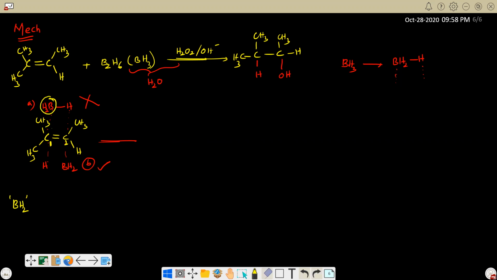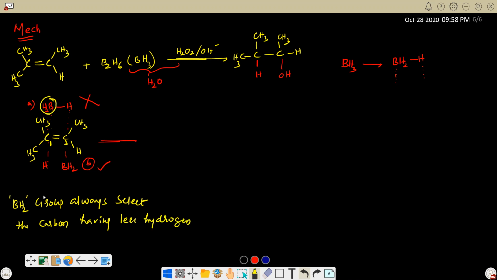BH2 group always selects the carbon having fewer substituents.